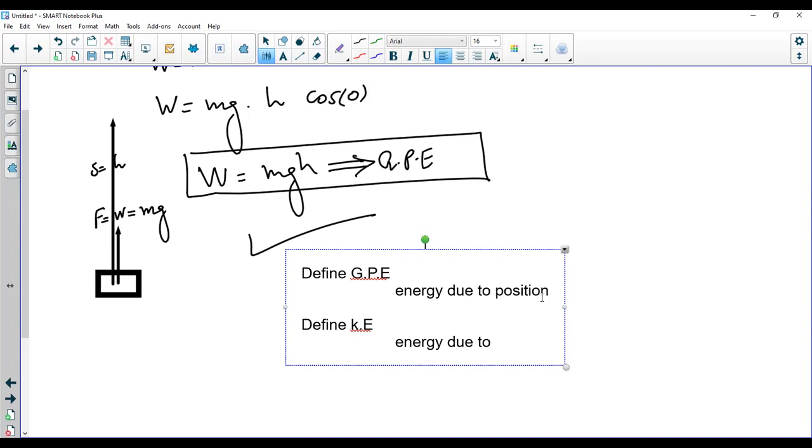Yeah, energy due to motion. Fatma, energy due to motion.